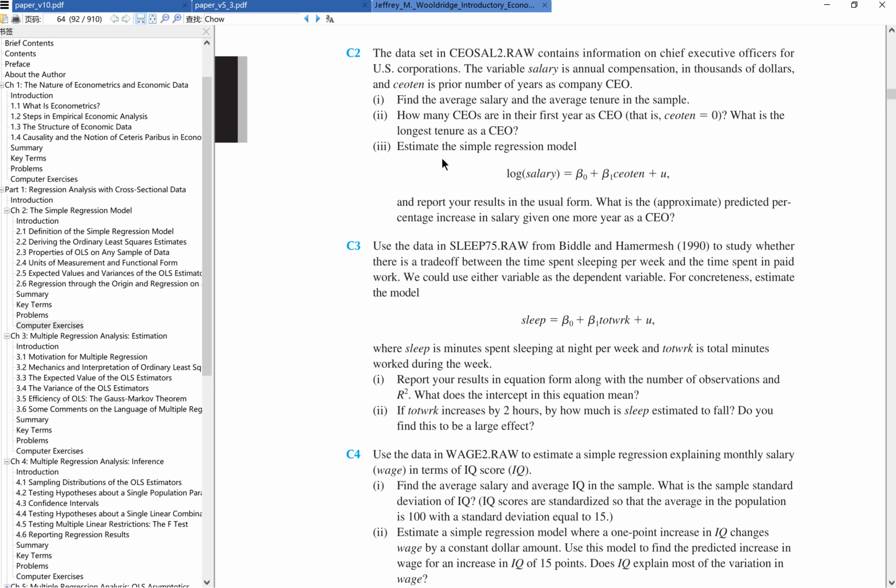Okay, the last question asks you to fit the simple regression model, using CEO tenure to explain the log of salary. There are actually two ways to do this.